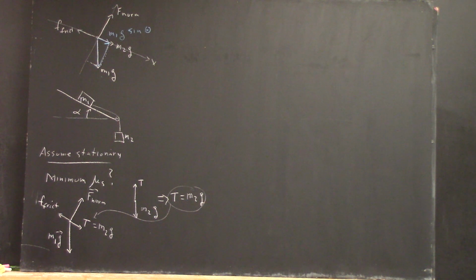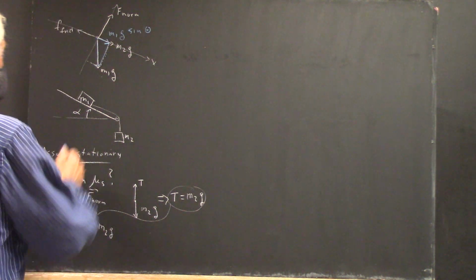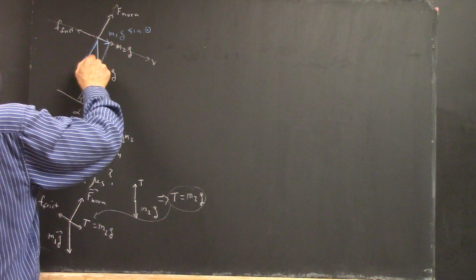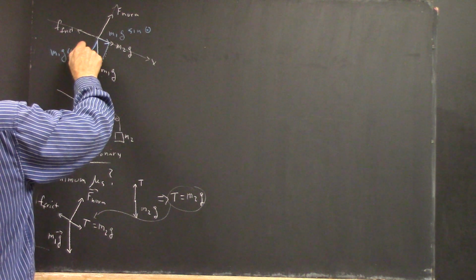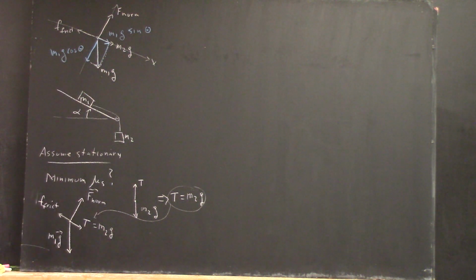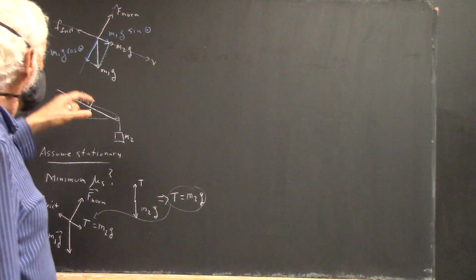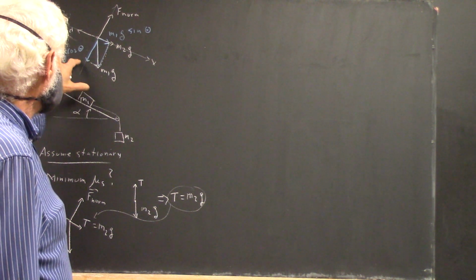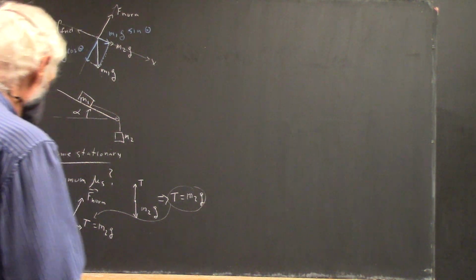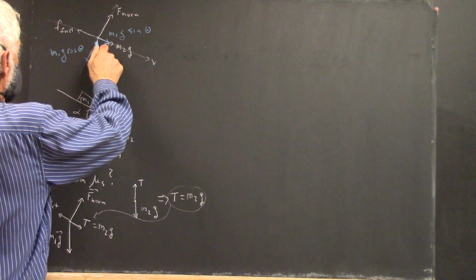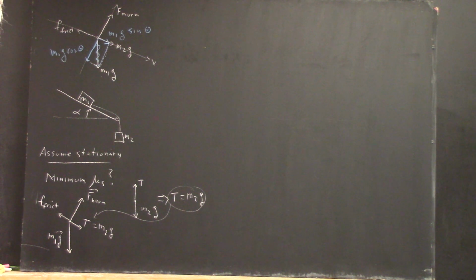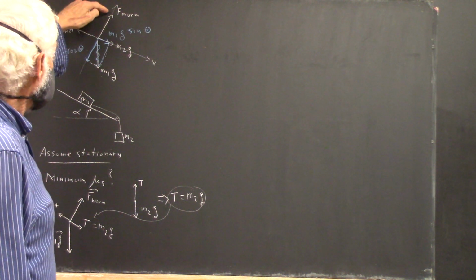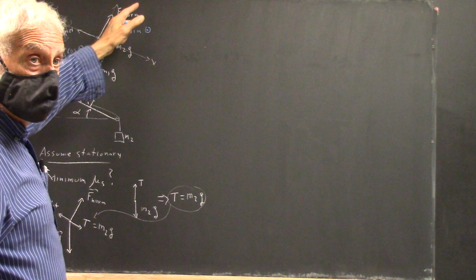Actually, yeah, that's right. I had to stop for a second to make sure I'd done that right. Okay. Now M1G cosine theta here. And now we can cross this out. And now the normal force and this force are the only forces in the y direction.